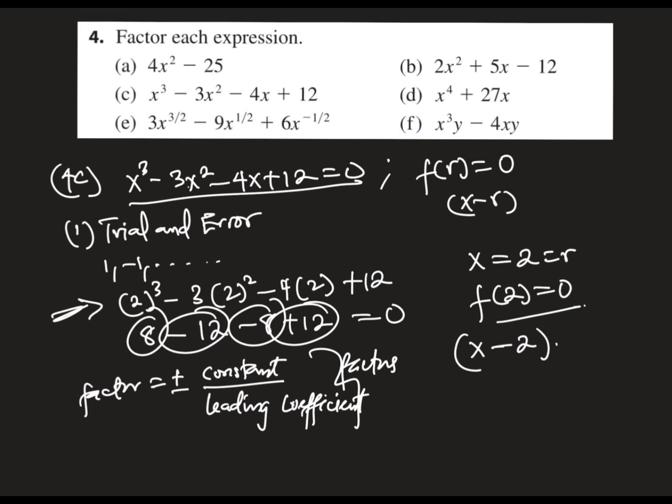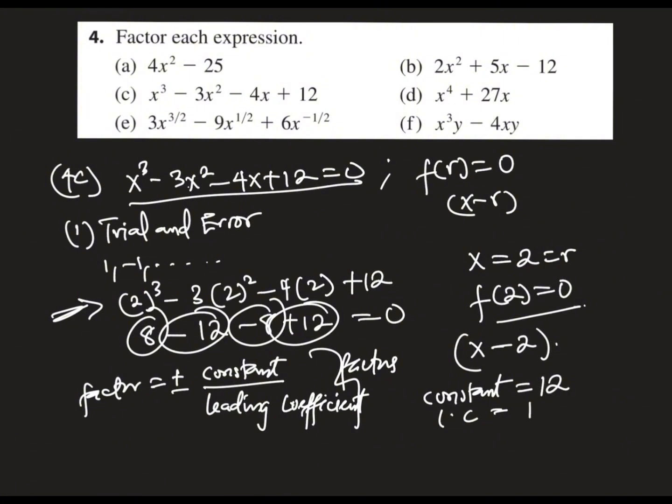So what is the constant in this expression? The constant is 12. Now what is the leading coefficient? The leading coefficient is the coefficient of the highest exponent, that is x cubed. So the leading coefficient is 1. So that is 12 over 1.